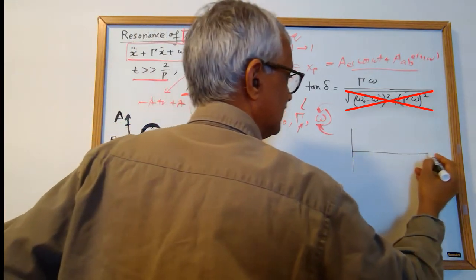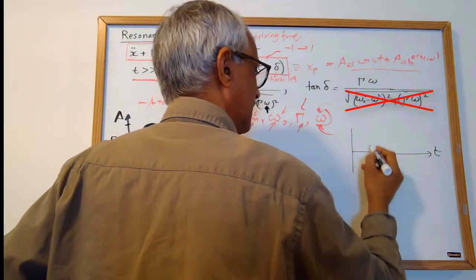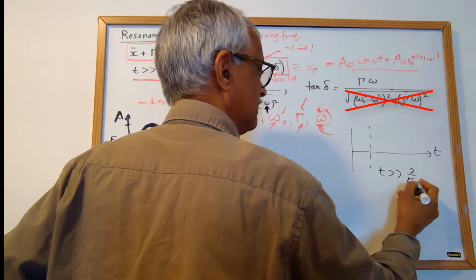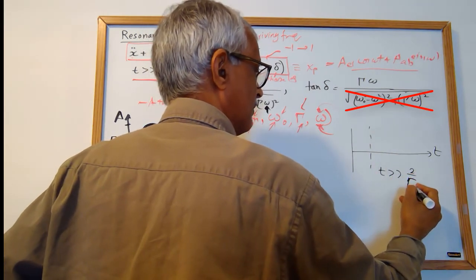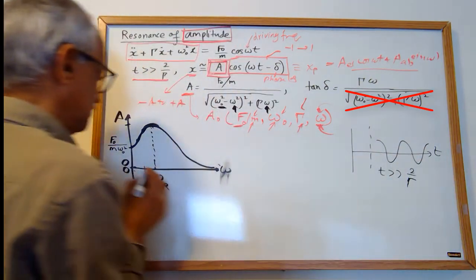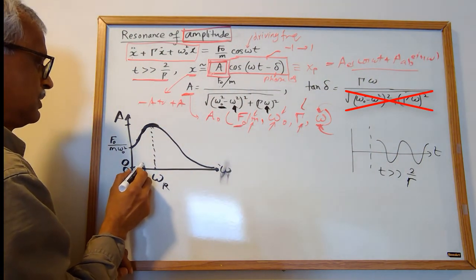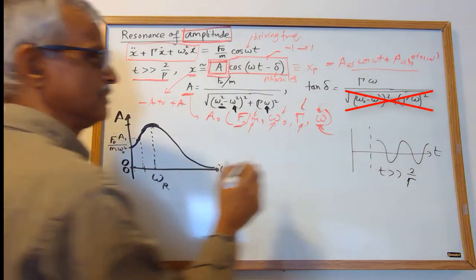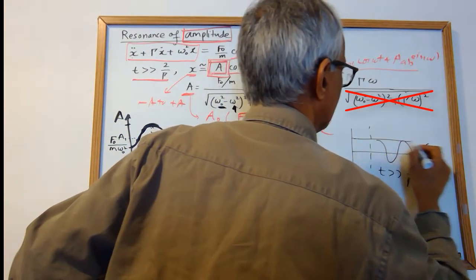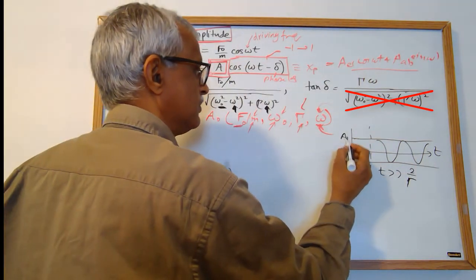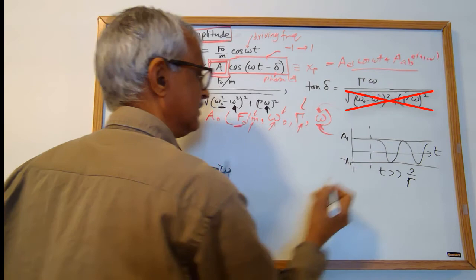So we had studied this before, and this is the region where t is greater than 2 over gamma, and in this region it's going like this. So suppose I had this omega 1, it's going to go from A1 to minus A1.